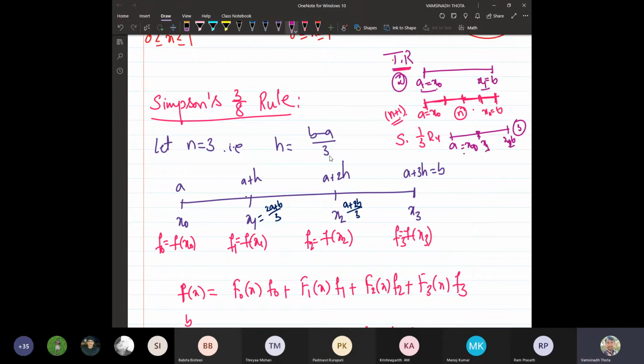X1 is the midpoint of x0 and x2. So we have considered three nodal points of the given interval. That is what we call the classical Simpson's 1/3 rule.